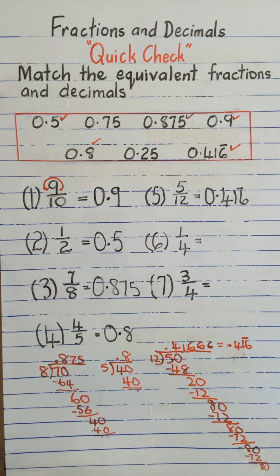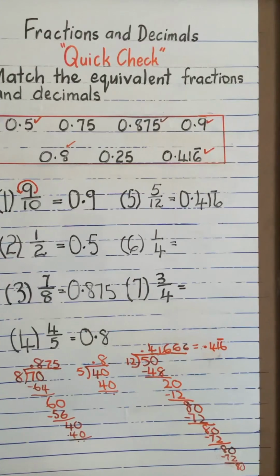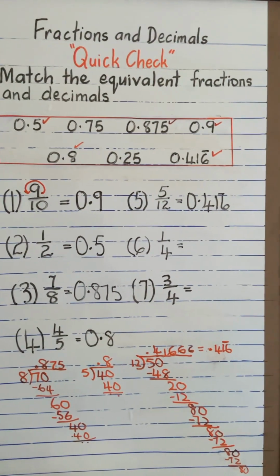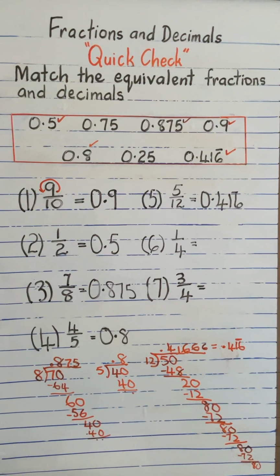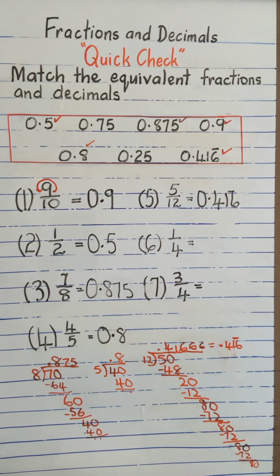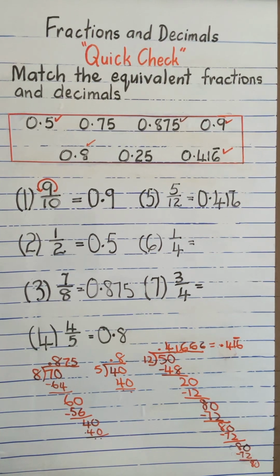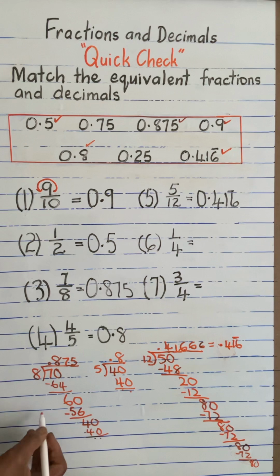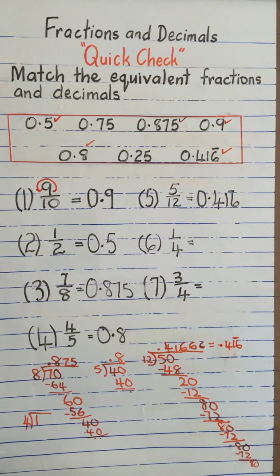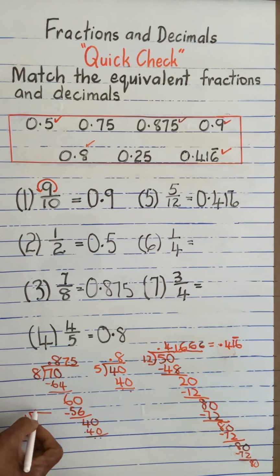Next, a quarter. So next we go to a quarter, and that is 1 divided by 4. How many times can 4 go into 1?